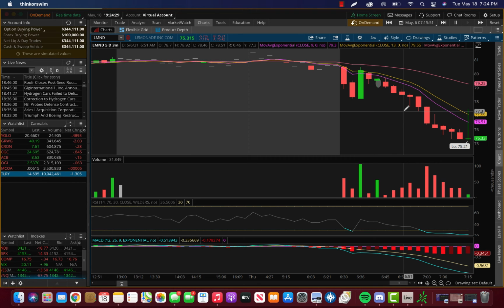And we're kind of just sitting and waiting to see where exactly it's going to bottom out. So again, this is options trading. These are just some simple key indicators that are great for beginners: your volume, your RSI, your MACD, your SMA lines that help you determine these moves.